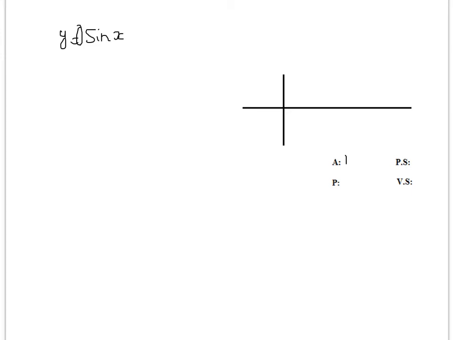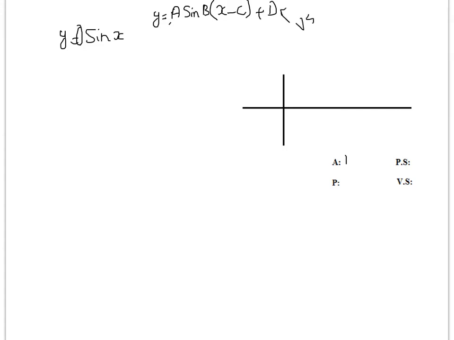Now, in general, when you have y equal a sine b times x minus c plus d, as we said before, a is your amplitude, c is your phase shift, and d is vertical shift.